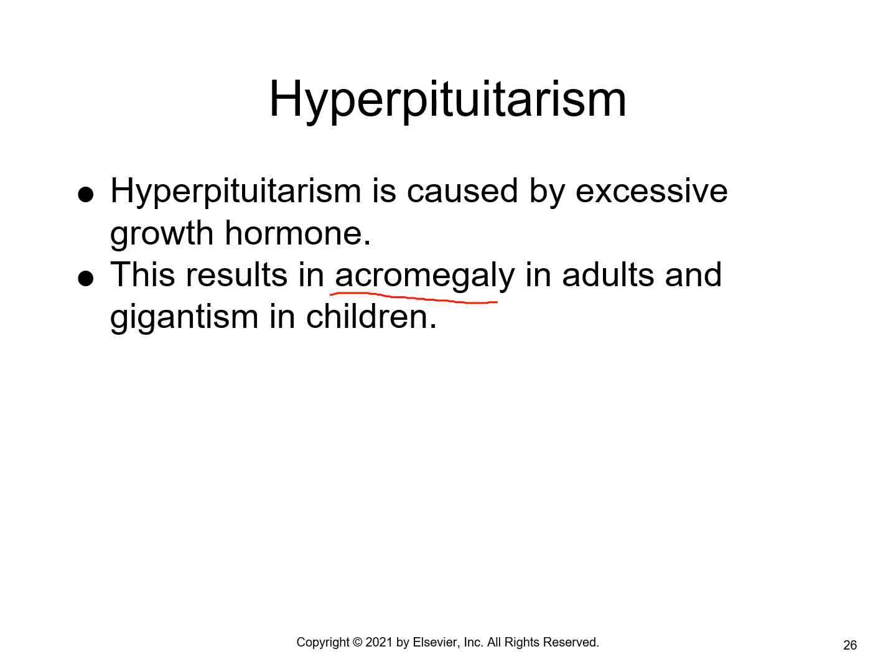If you have hyperpituitarism as a child, where excessive growth hormone is produced before your epiphyseal plates are fused, then it would cause excessive growth or gigantism even in the long bones, as well as your other flat bones or facial bones, like with acromegaly. And there's a number of different people that they guess probably had acromegaly or gigantism, like Andre the Giant, the wrestler, or a couple other actors that I'm having trouble thinking of their names right now.